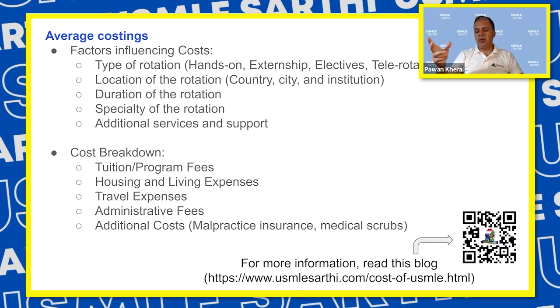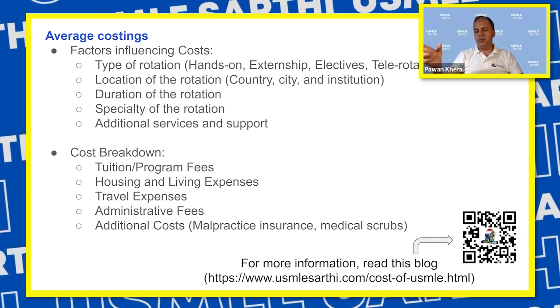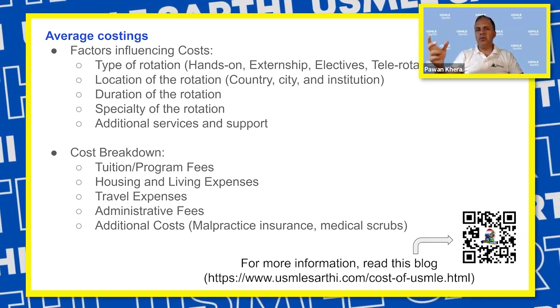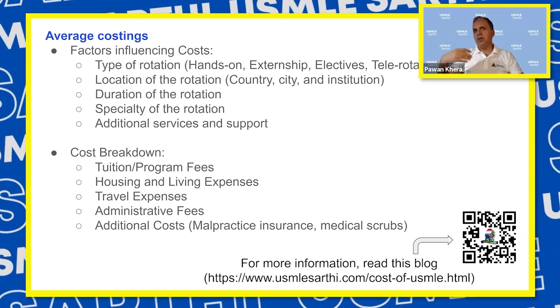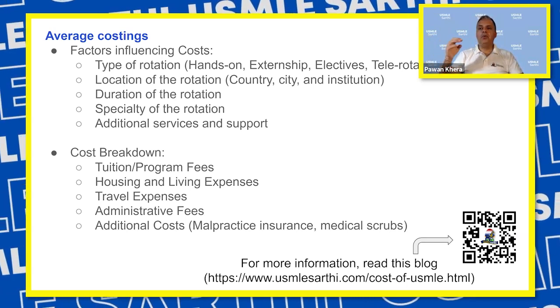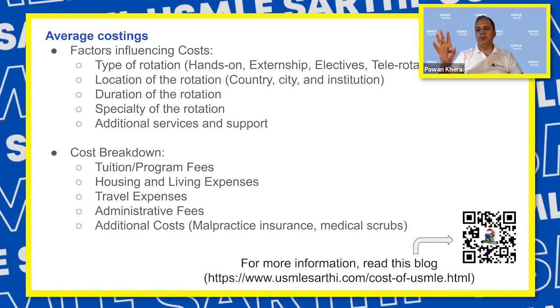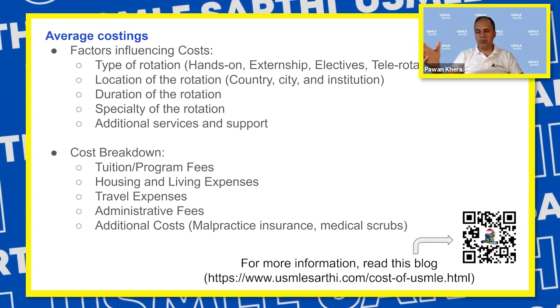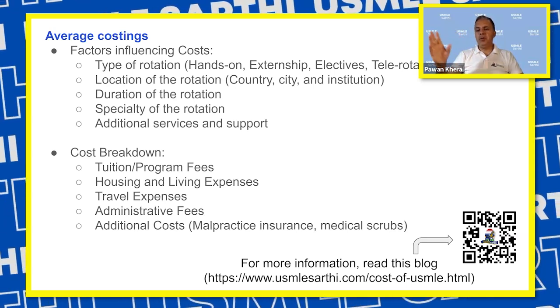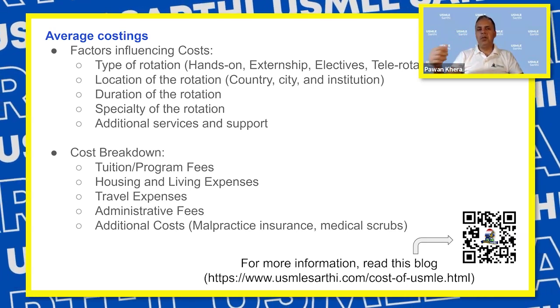So depending on certain variations, between 21 to 25,000 US dollars you can consider as a cost of this journey. So obviously, if you are in India, multiply it by 82, 83, whatever it is. So between 21 and 25,000 US dollars.